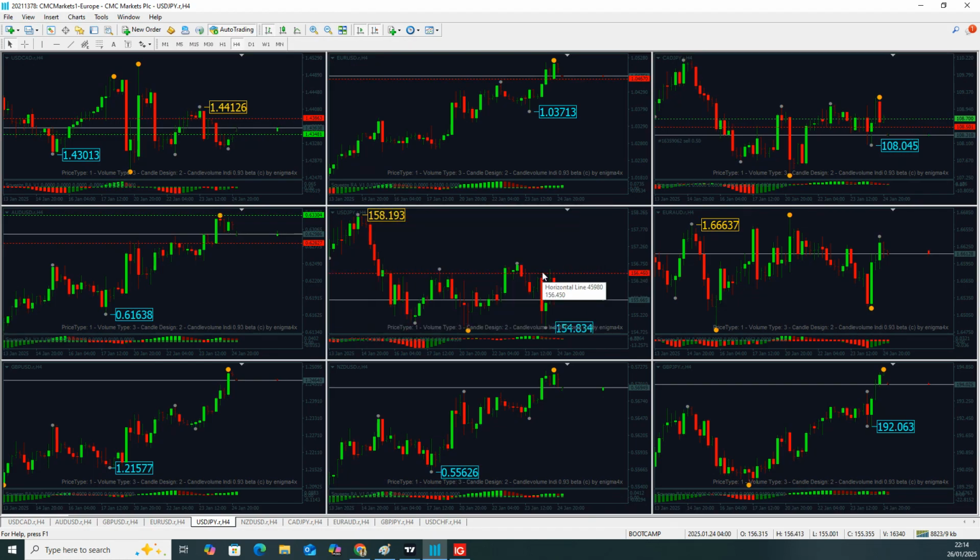In terms of buying, you see the buying came in, but it failed above this candle. They didn't close above it. So that will have been the buy point there.